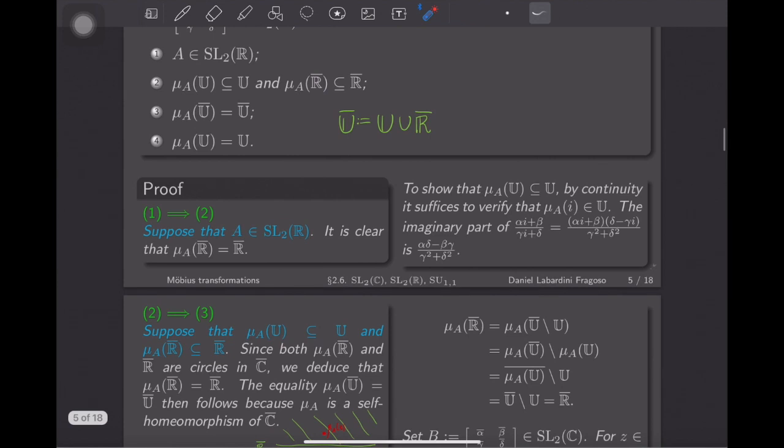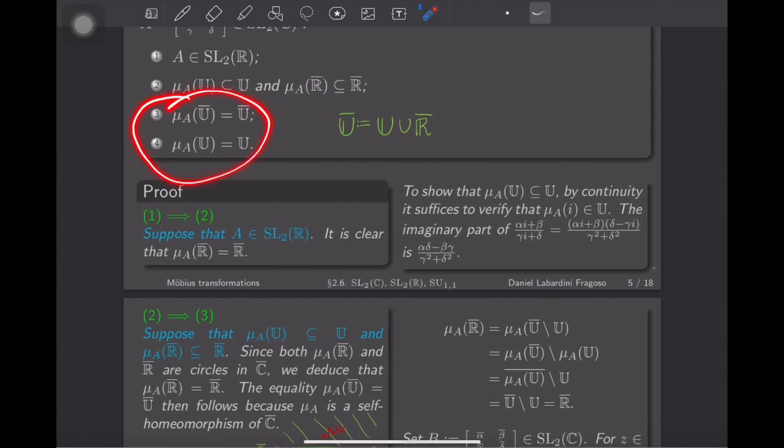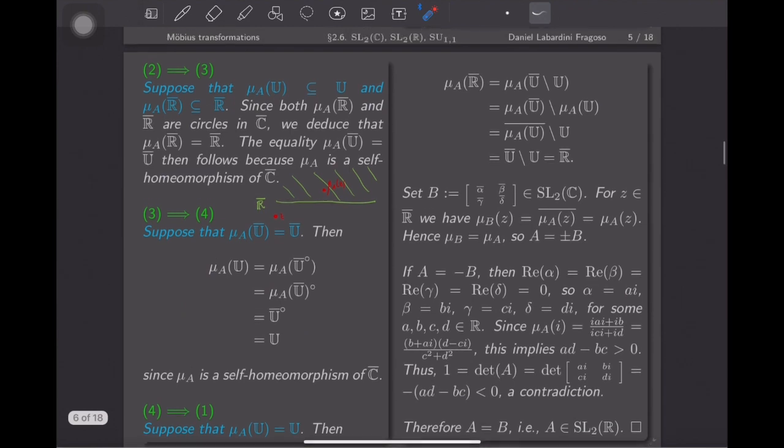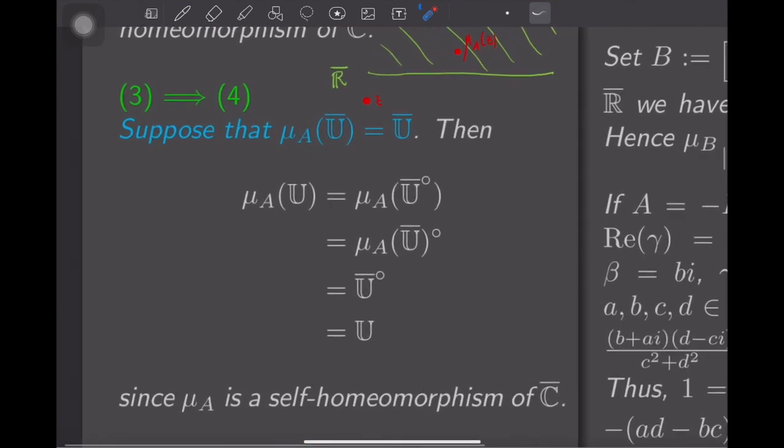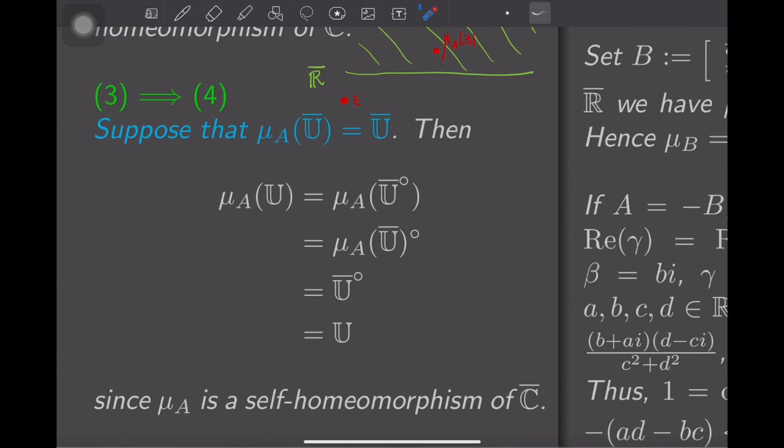Right, and then let's go with 3 implies 4. And so then things become just general topology. Because U is the topological interior of U bar. If you think about it, that's obvious. This corresponds to taking the open disk, which is the interior of this closed disk, where I'm talking about disks in C bar.